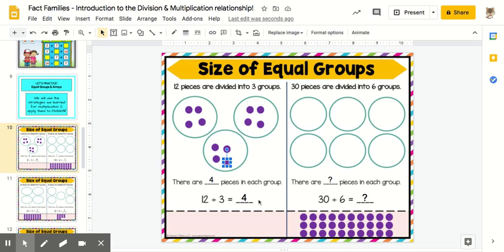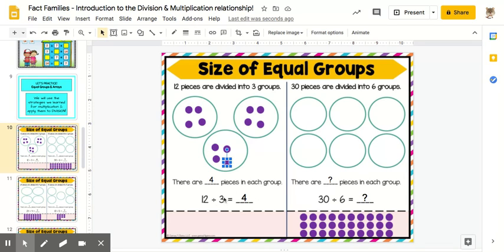So by counting by threes to get to 12, I have the same number, the 4, the quotient, our answer, as I have in each group. The other thing that you could use to make it more efficient is your times tables.